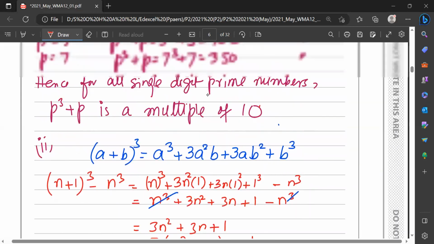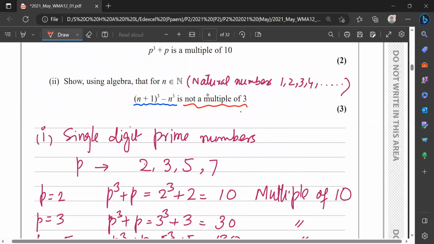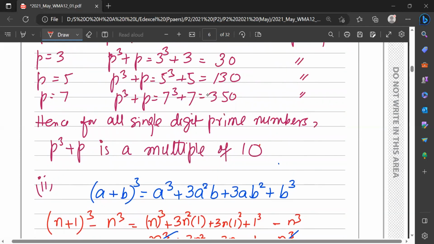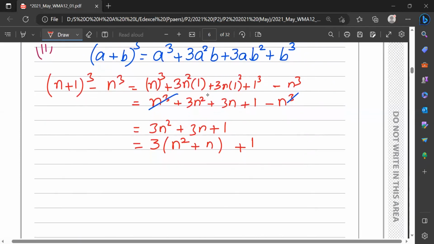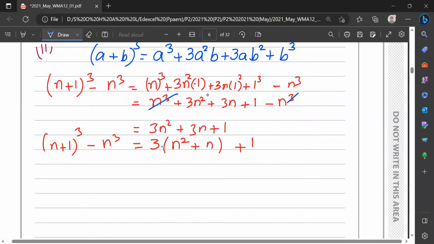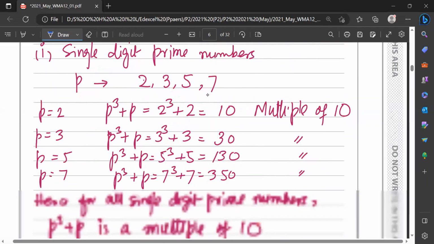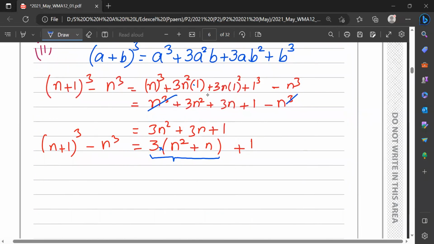So the question was to show that this is not a multiple of 3. As the bracket is multiplied with 3 and n is an integer, this part is a multiple of 3, but 1 is not a multiple of 3.